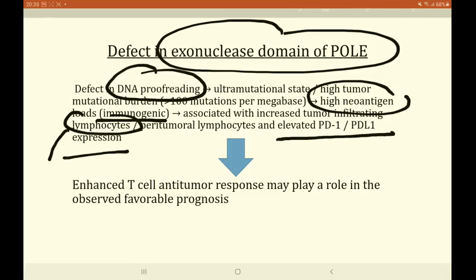Because of the increase in tumor lymphocytes and PD1, PDL1 expression, the POLE category tumors are highly responsive to immunotherapy and show a very good prognosis.